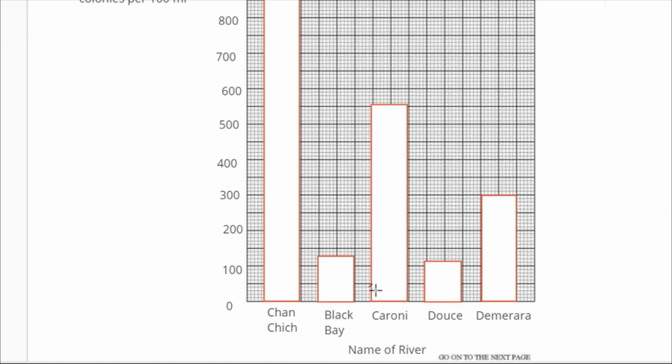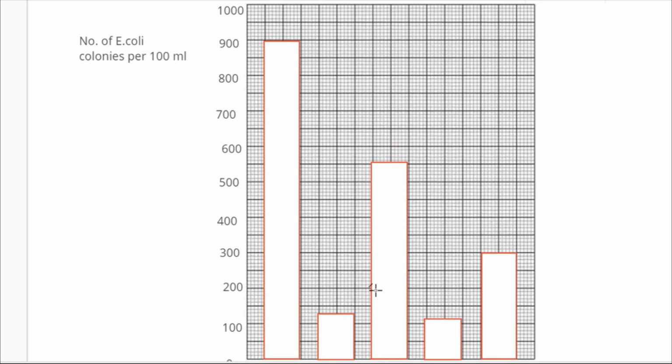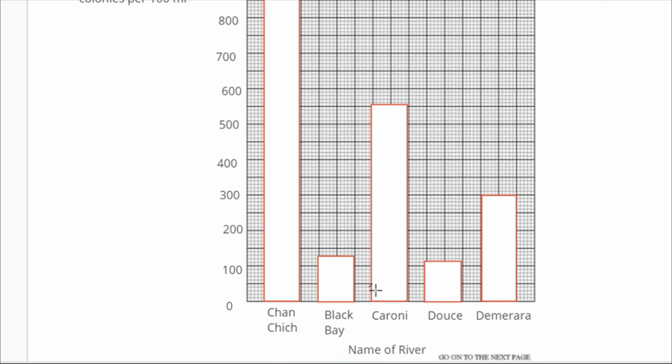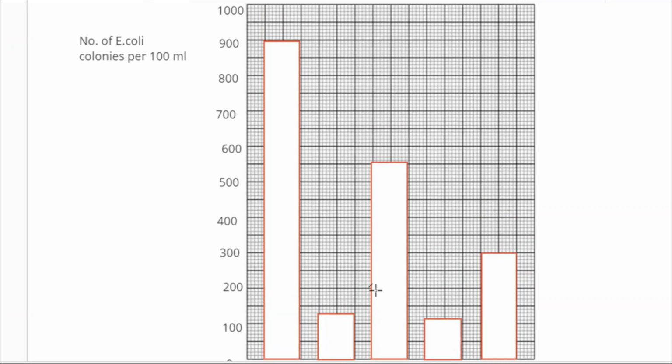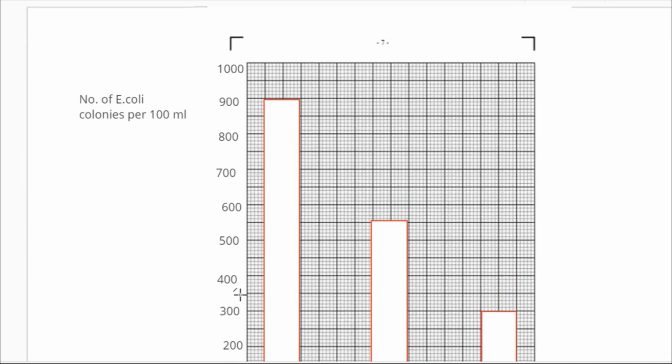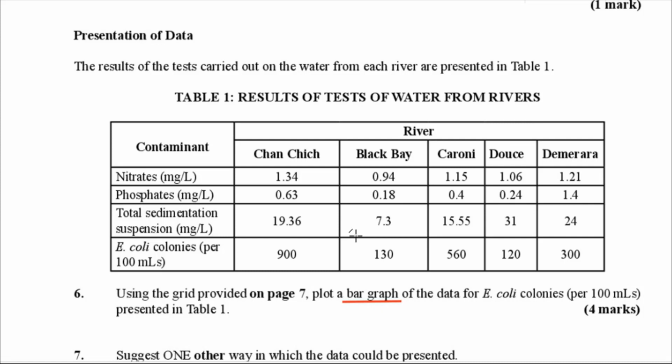So it's just a matter of taking the information from the table and then plotting the graph. So as you can see, the bars are evenly separated, so they're not touching. I have a suitable scale, so I'm going up in 100s. So go from 0 right up to 1000 because the highest amount, if you go back to the table, you will see that the highest amount is actually 900.